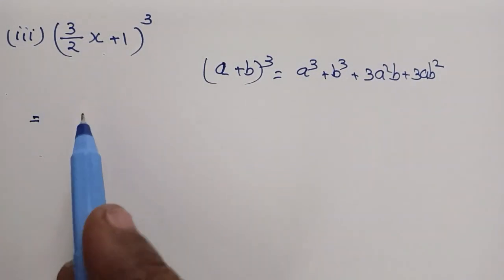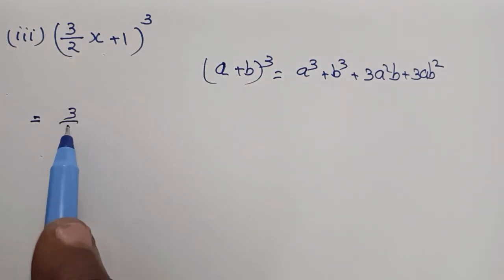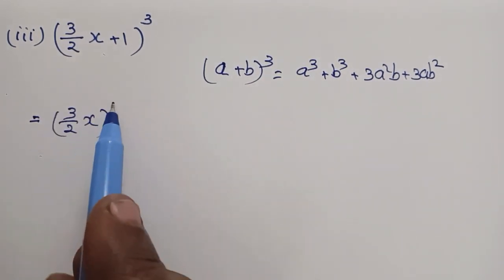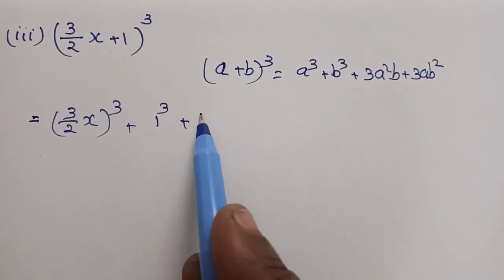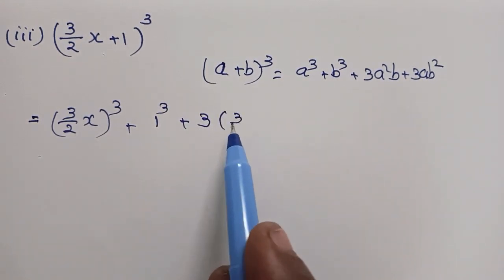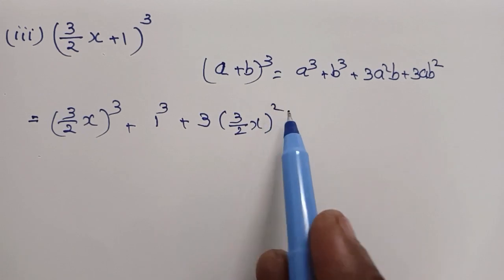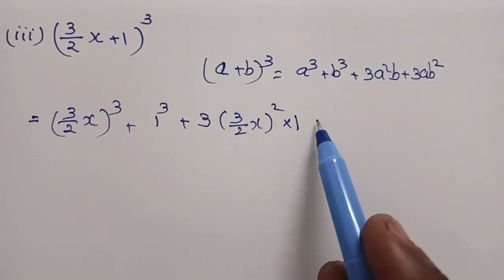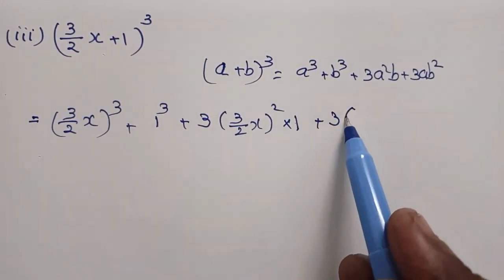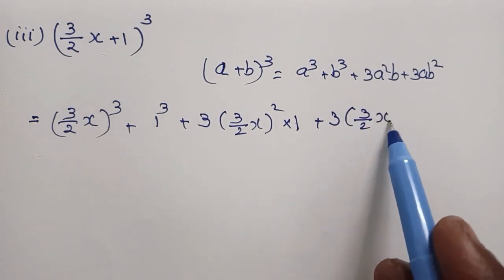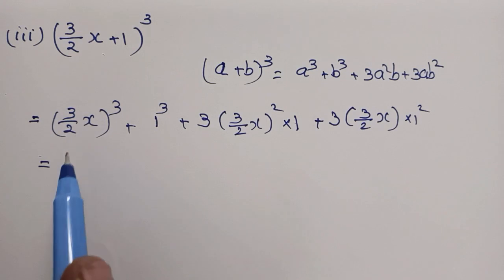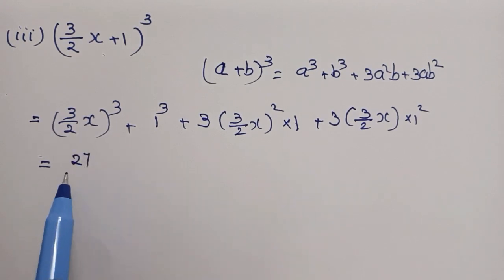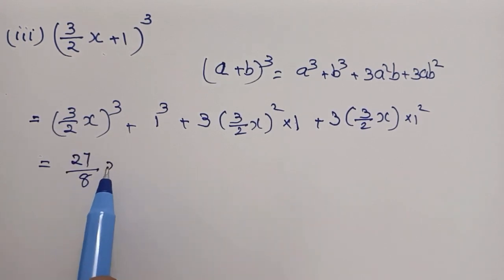Okay, this is equal to a³, that is (3/(2x))³, plus b³, 1³, plus 3a²b, 3 into (3/(2x))² into b, it is 1, plus 3ab², that is 3/(2x) into 1². That is equal to 3³, it is 27, 2³ is 8, x³.